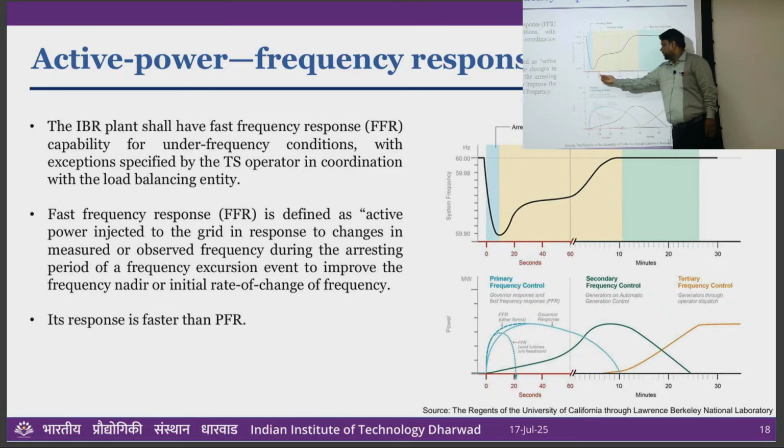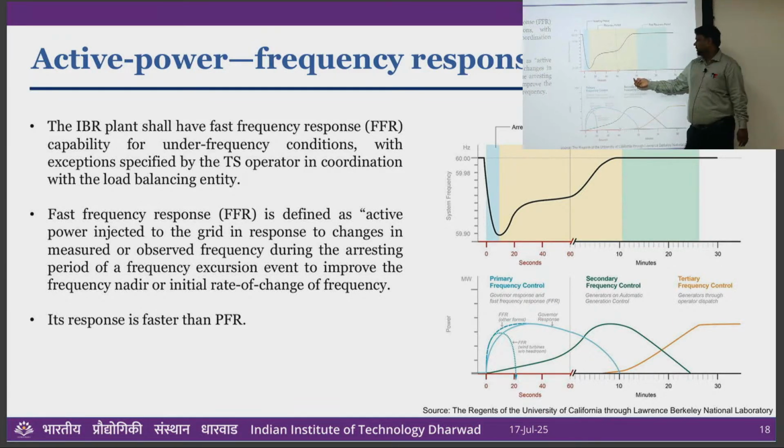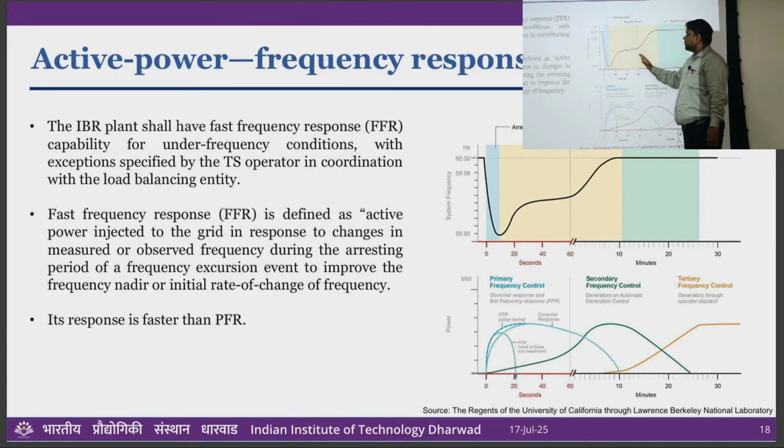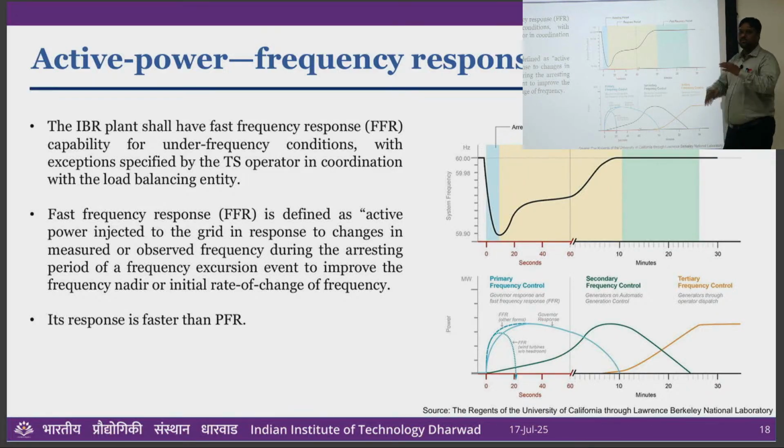Then from 10 seconds onwards till 10 minutes, you have this time to recover the frequency and activate your secondary control. Then after that, when you reach somewhere here, your tertiary control comes into the picture. It will do the generation demand balance. Then you go back to your frequency.